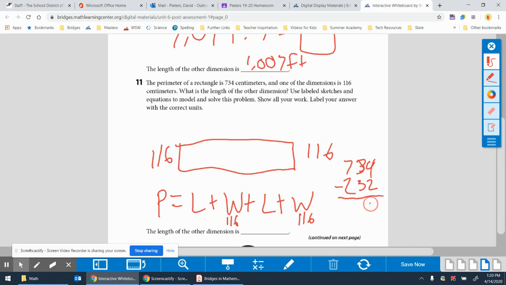So 4 minus 2 is 2. 3 minus 3 is 0. 7 minus 2 is 5. Sorry, that's an ugly 5 there. Let me fix that. Right now on the screen doesn't always work out so pretty. 502. So the answer a lot of people would want to say is, oh, it's 502.